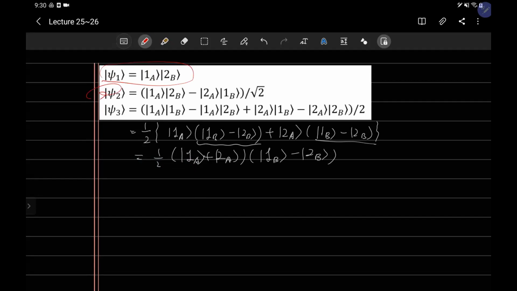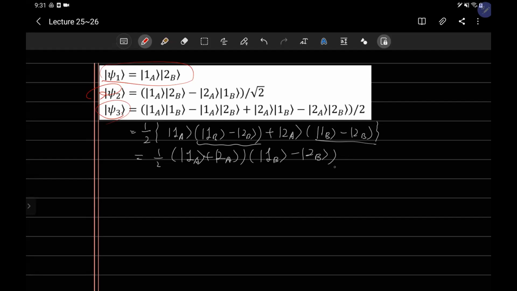So even if you see this precisely for the first time, you might not be able to immediately tell whether it is entangled or not. But once you have this kind of calculation, you can see that this is a separable state, or sometimes a separable state is called a product state.